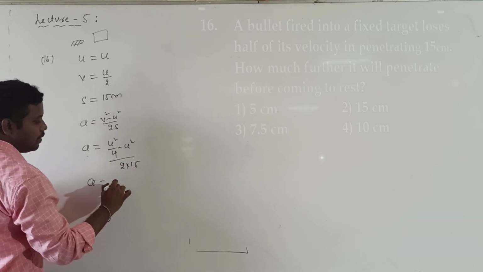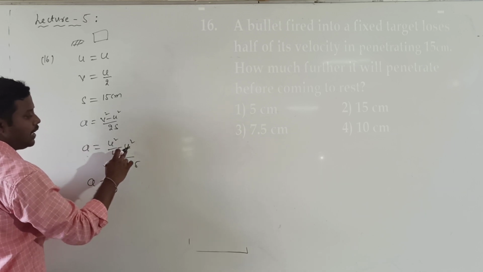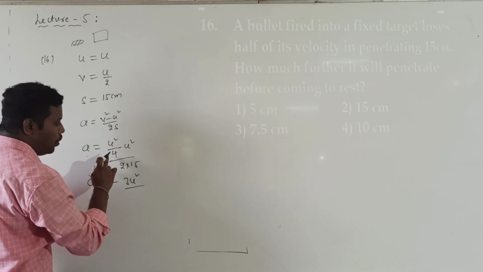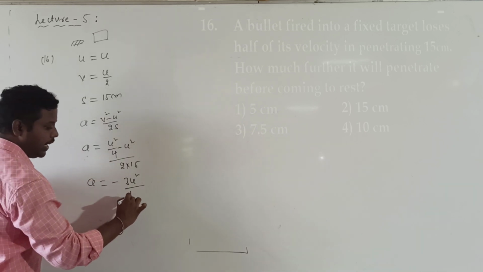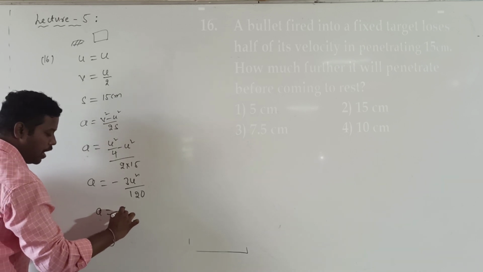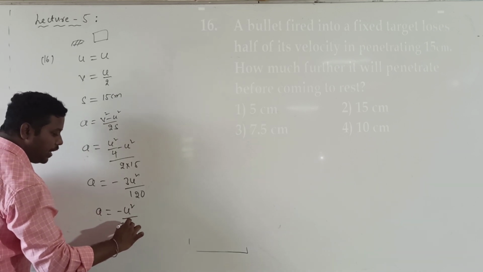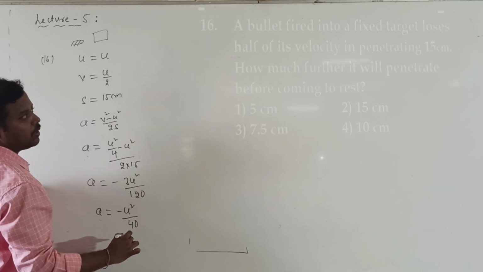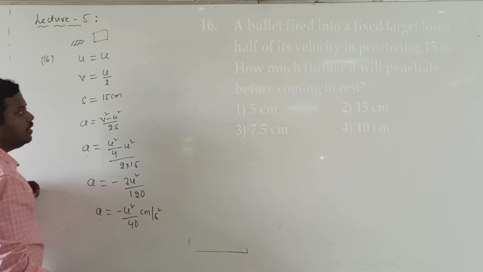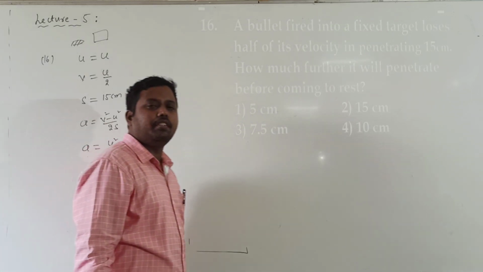So the answer is minus of 3 into u square by 4 into 30, 120. Then what will be the A value? A value is equal to minus u square divided by 40. Meter and centimeters are here. What is the unit dimension? Centimeter per second square. This is uniform retardation of the bullet.